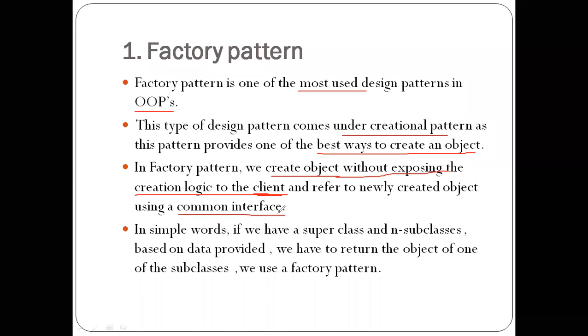In simple words, the factory pattern is like this: if we have one superclass and n number of subclasses, then based on the data provided, we return the object of one of the subclasses.